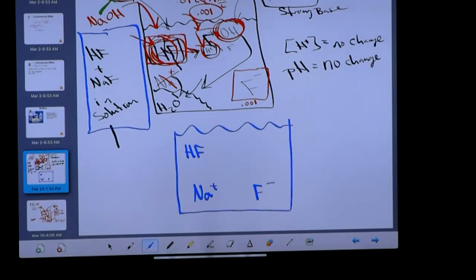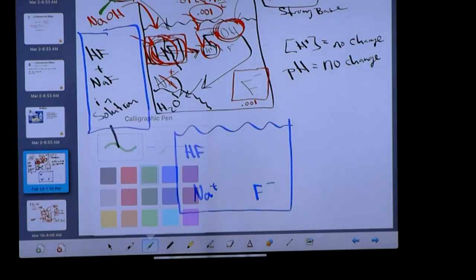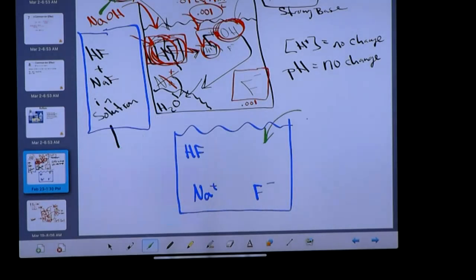You okay with that? I want you to think about the chemistry that would happen if I come along here and if I were to dump in NaOH. I would now have Na plus and what else in here? OH minus. Wow. It did become more basic, but would there be any secondary chemistry that would happen in this beaker? H plus is consumed.